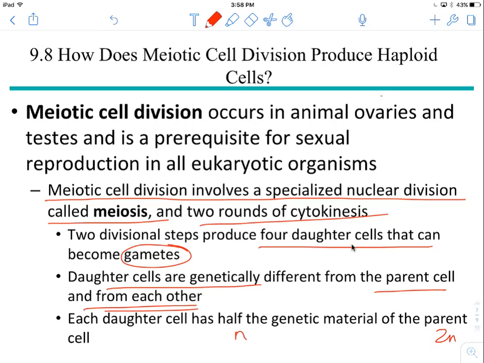In ovaries, we get the egg, that's from the female. And in the testes, we're going to get a sperm, and that's from the male. So the process of meiosis is slightly different in males and females because we're producing different gametes. Okay, so let's have a look at that.